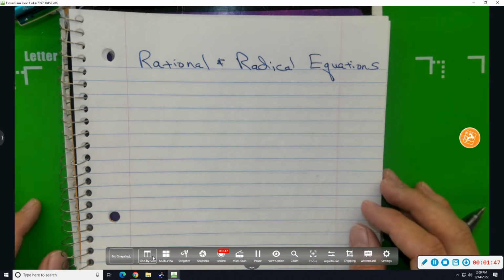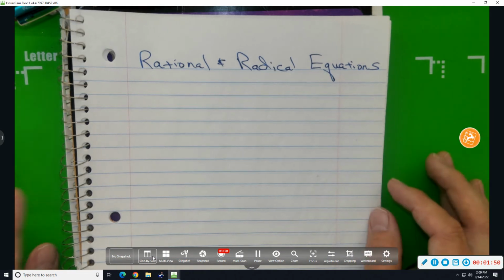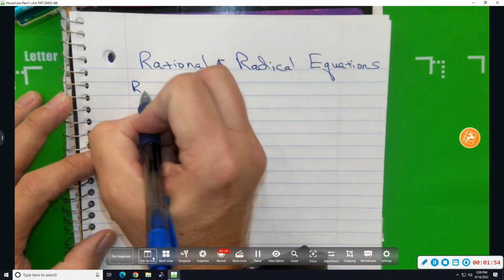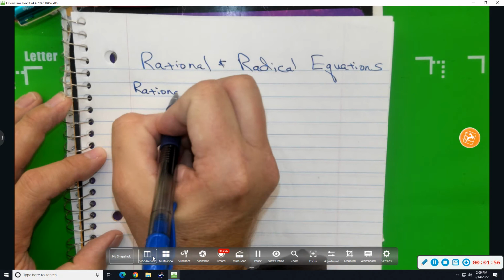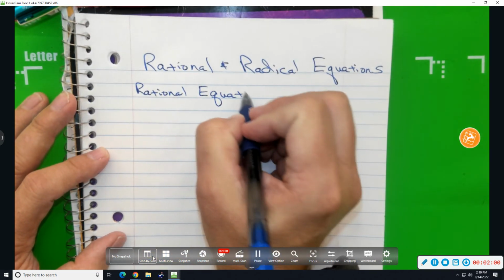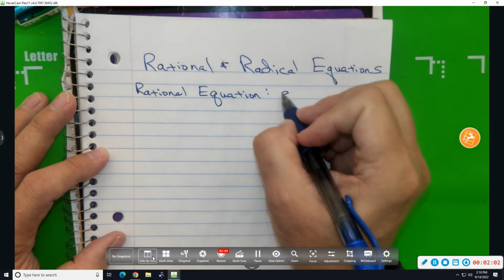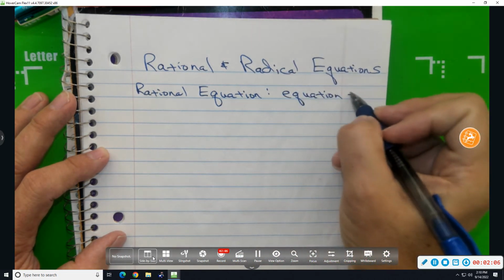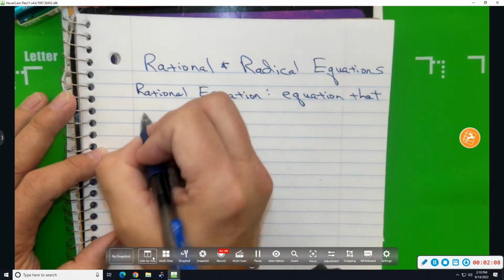A rational number is an integer over an integer, in other words, a fraction. So a rational equation is just a fancy way of saying an equation containing fractions. A rational equation is an equation that contains fractions.